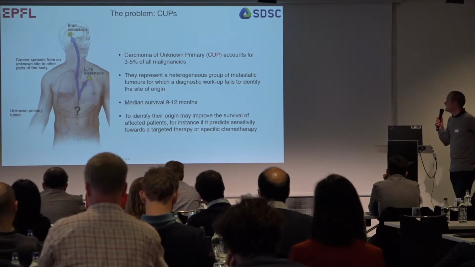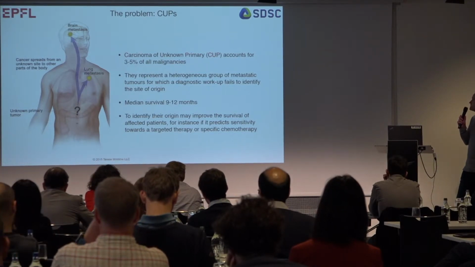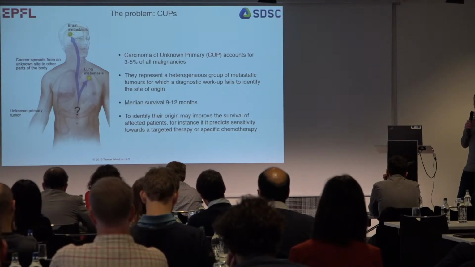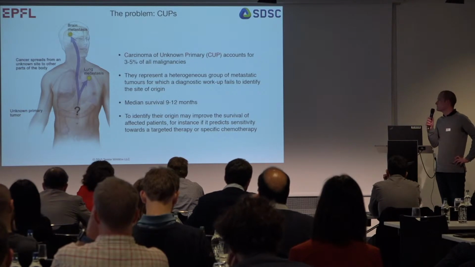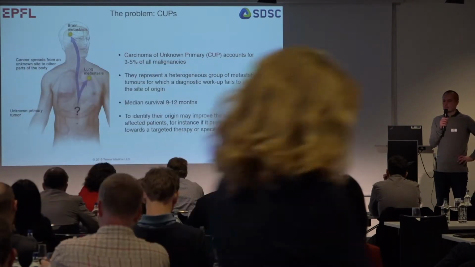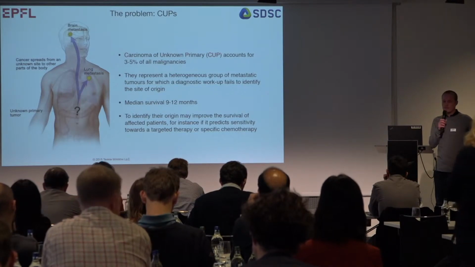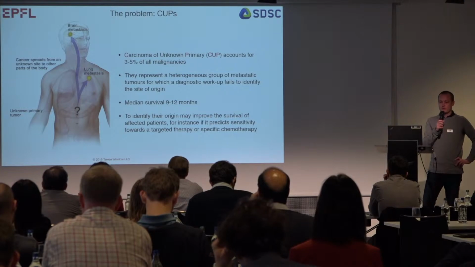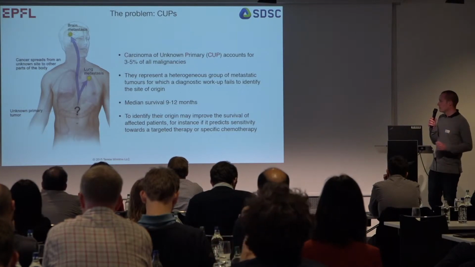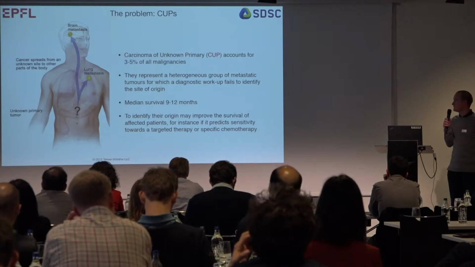I will start explaining the problem we want to tackle. That's what we, in cancer medicine, call CUPs, cancers of unknown primary. This is between 3 and 5% of all cancers that are diagnosed. What makes them special is that we know it's metastasis, but we don't know where this metastasis originated, so we don't know which tissue was the starting point.